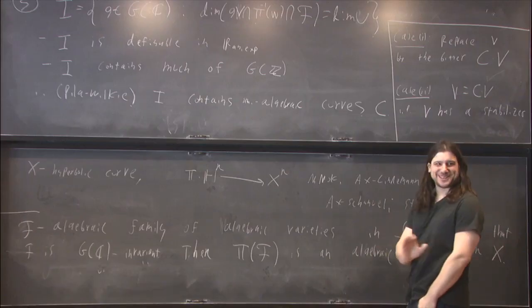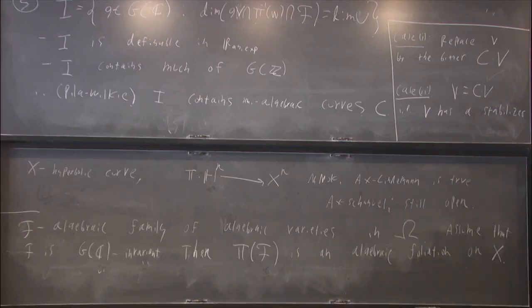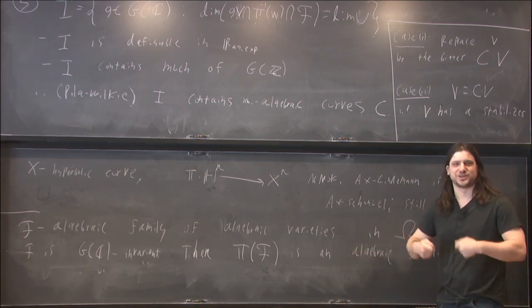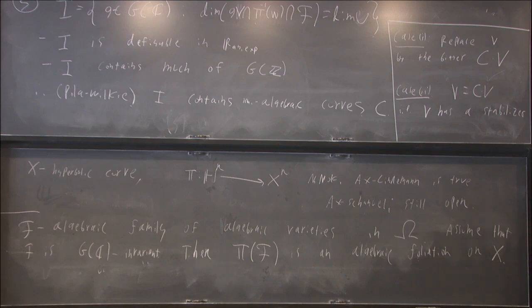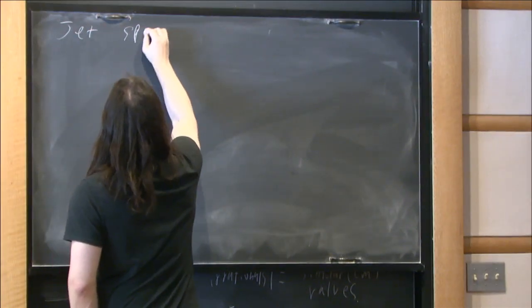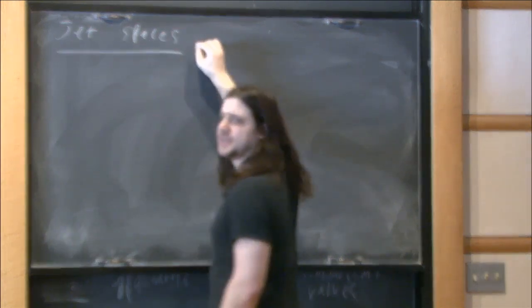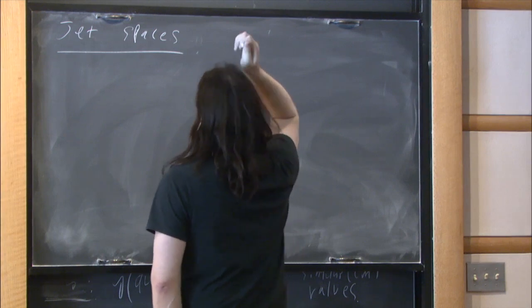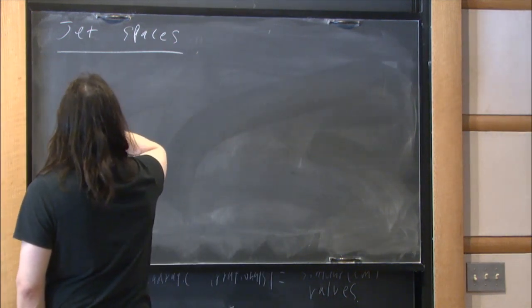I ask this partly because I want to know the answer. I'm not sure. But the most flexible one seems to be the notion of jet spaces. And this is the language in which we do most of our work. So let me just define these briefly for those who haven't seen them before.